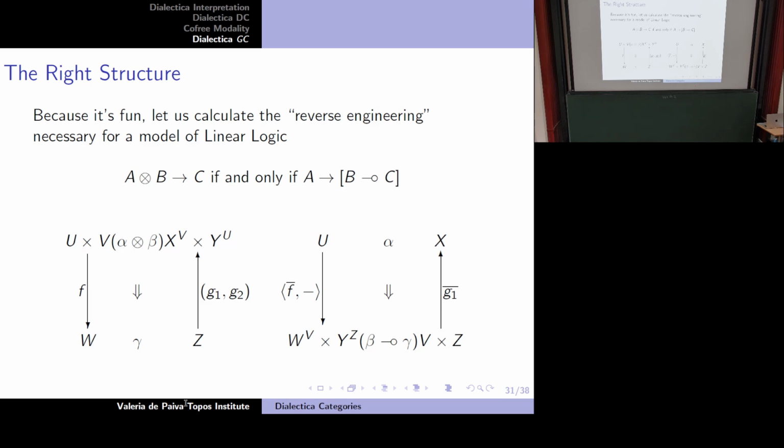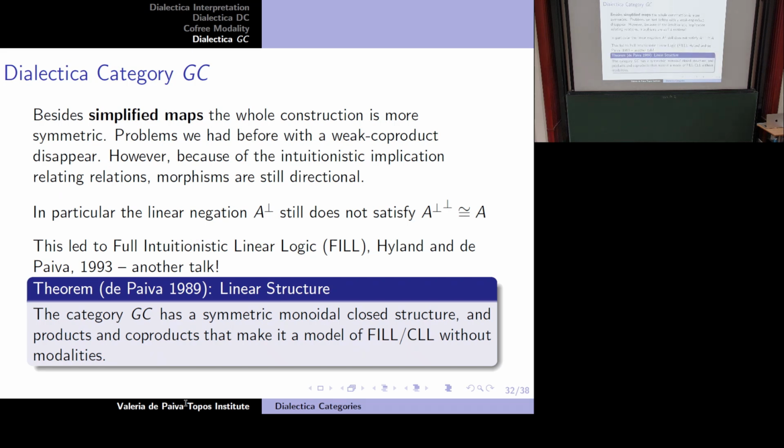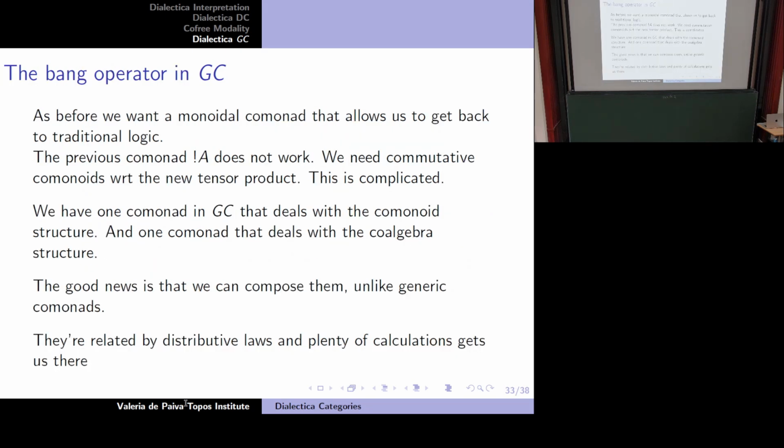I should have put the G2 hat here, but it's because I have to do two curryings on that one, so that I can curry it twice. So that's it. You have this category, which is a model and everything. And you have a bang operator, but again, the bang operator here is a real pain in the neck, because it's a composite of two different comonads, and each one of them is plenty of work.